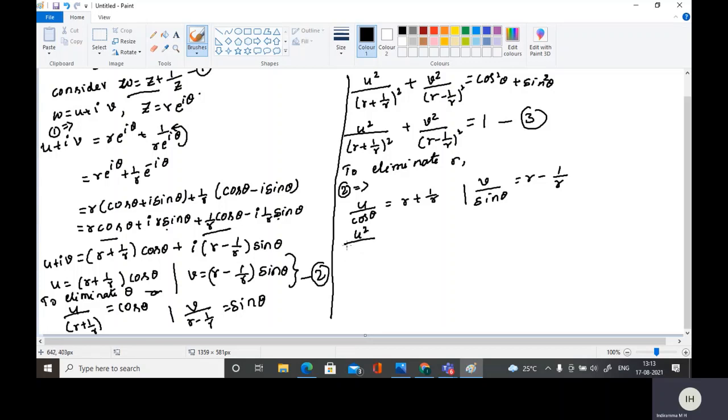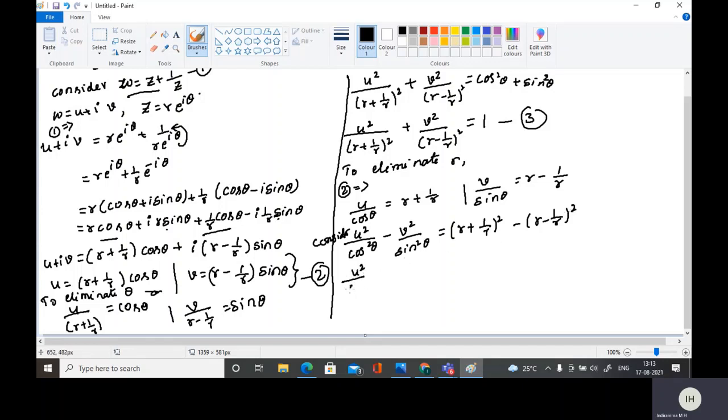So consider in the form u square by cos square theta minus v square by sin square theta is equal to (r plus 1 by r) whole square minus (r minus 1 by r) whole square. So LHS, no change.